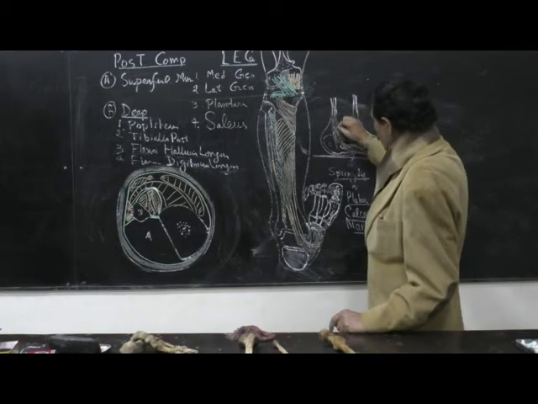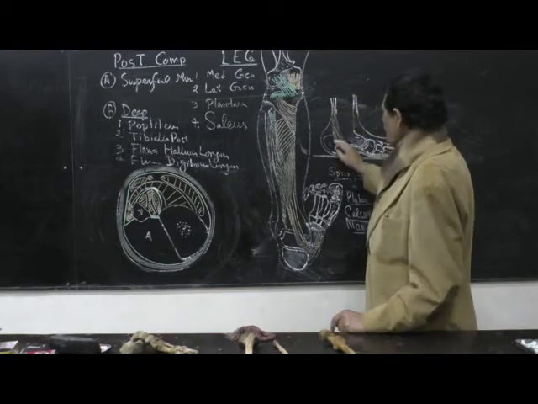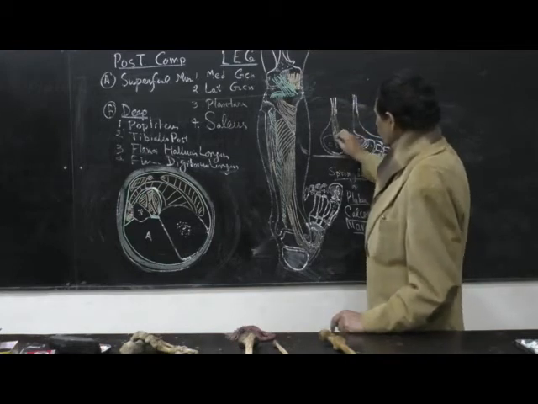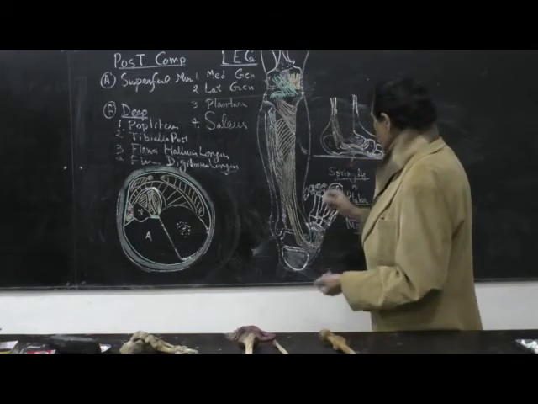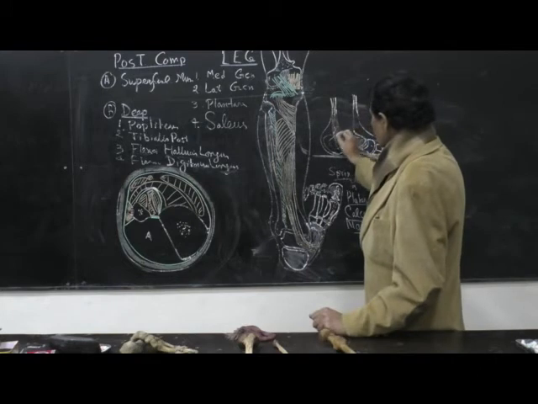Here these 3 tendons, an artery and a nerve will be held in position by the medial or tibial collateral retinaculum.